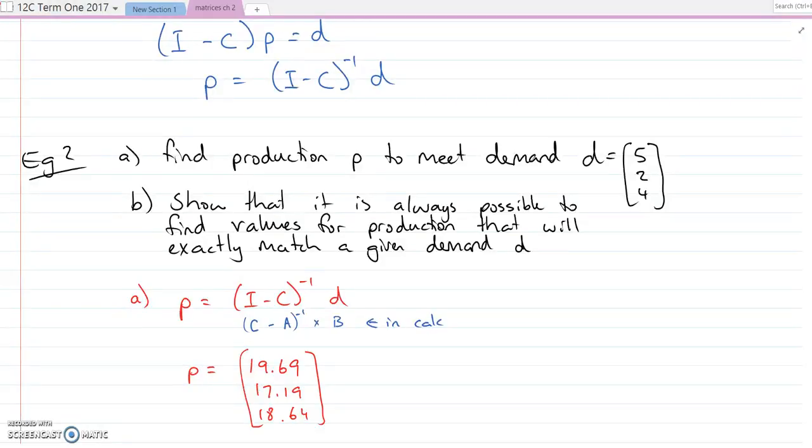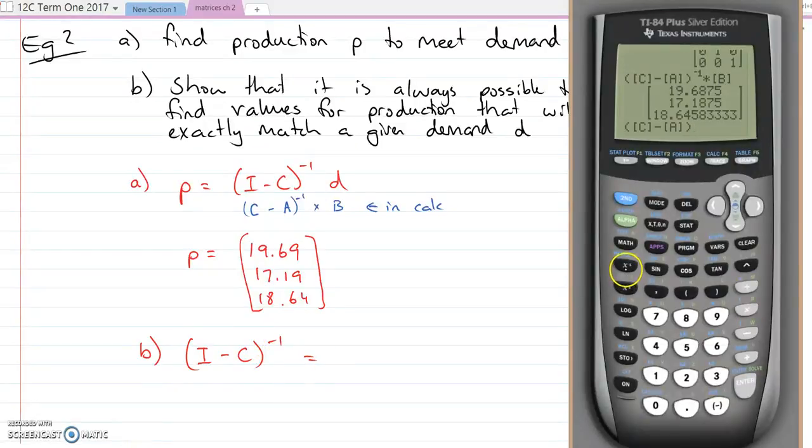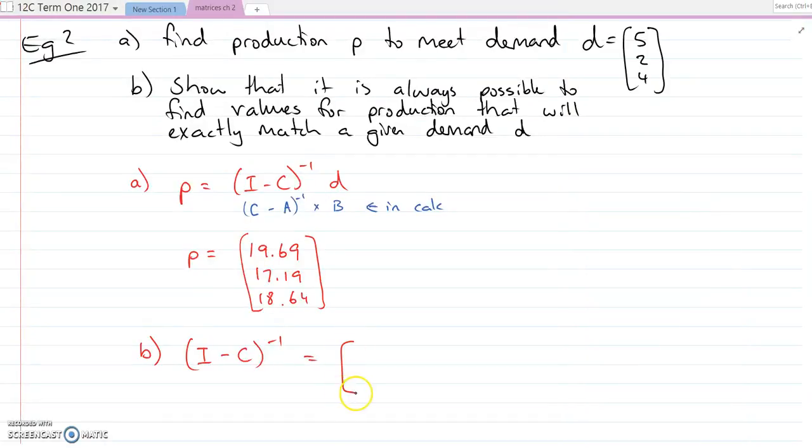Because if you get a negative number, then you cannot find a production that will meet the demand. So we're going to look at I minus C to the -1, which on the calculator is C minus A to the -1, and if we scroll across, if you look at all of these 9 numbers in this matrix, they're all positive.